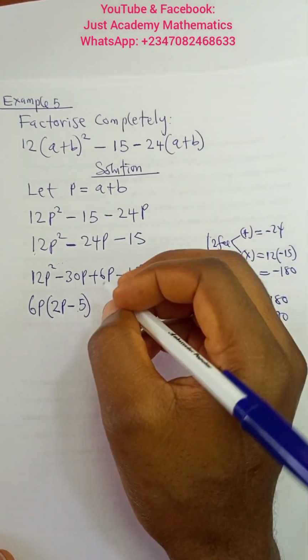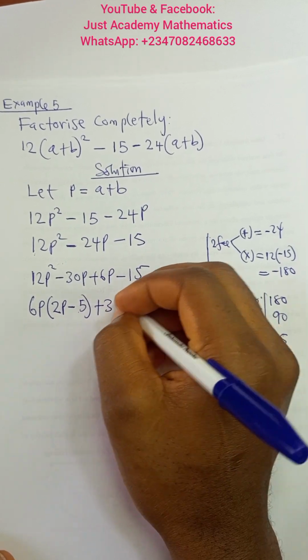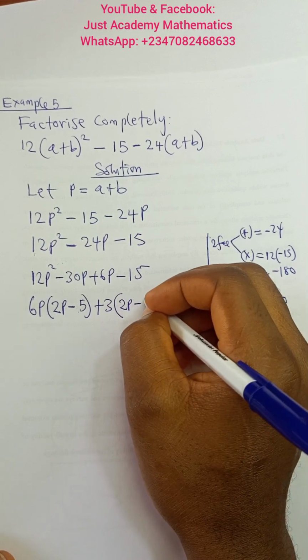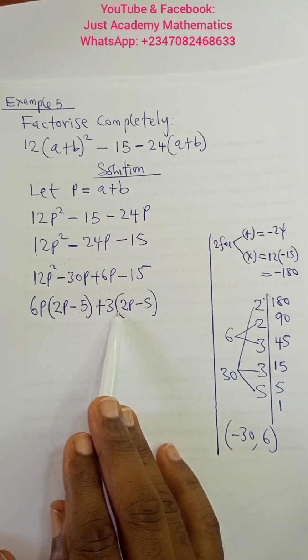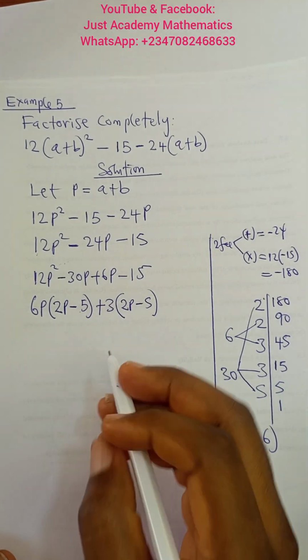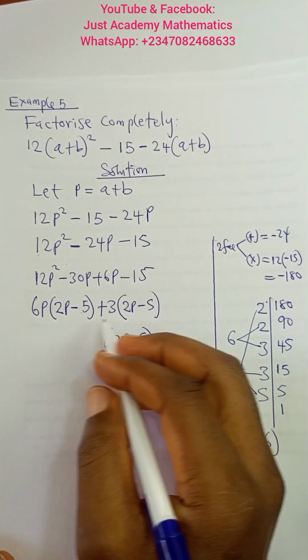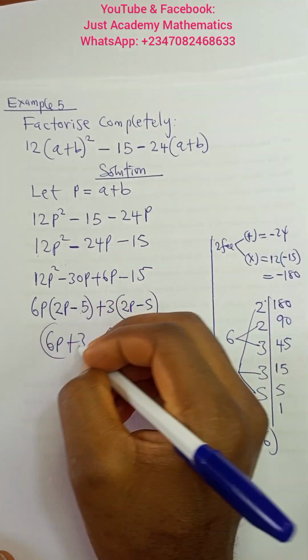Here, what is common? Of course, plus 3 will be out. If 3 is outside, what will remain? It will remain 2p minus 5. Now, if you factor out the common 2p minus 5, what will remain here? It will remain 6p. What will remain here? It will remain plus 3.